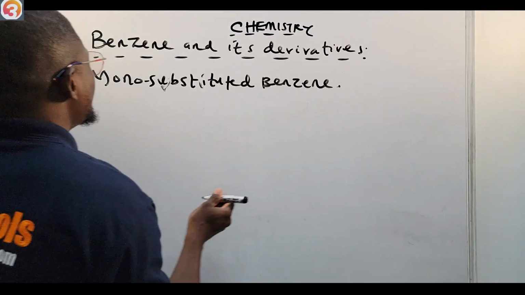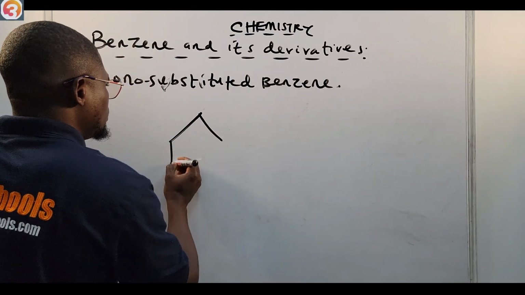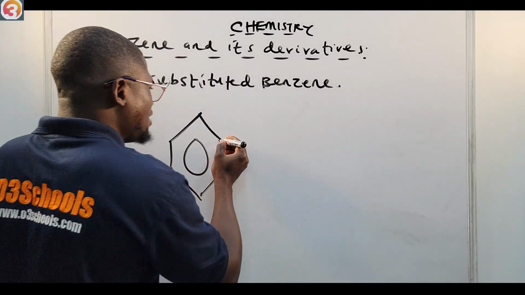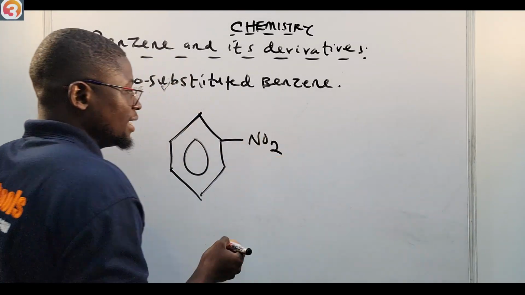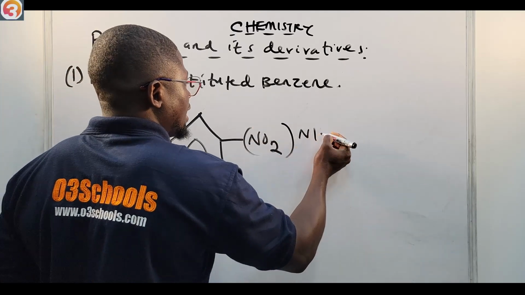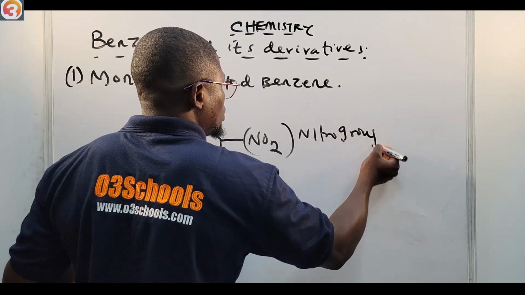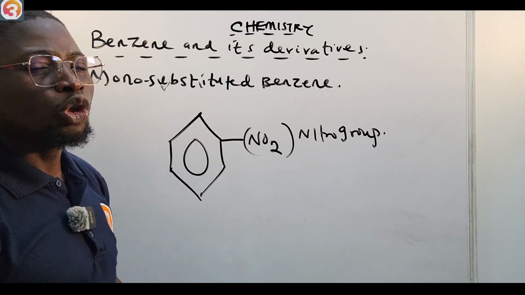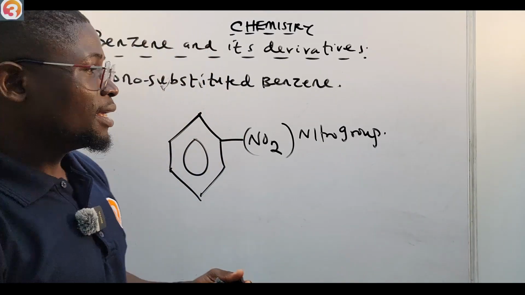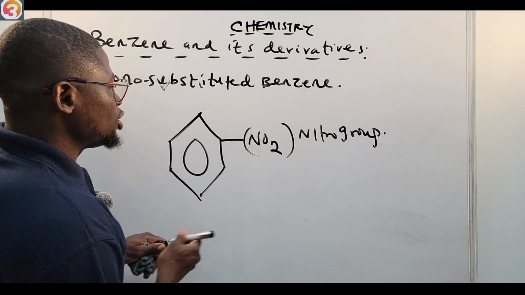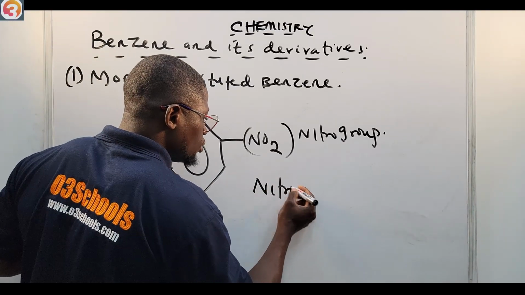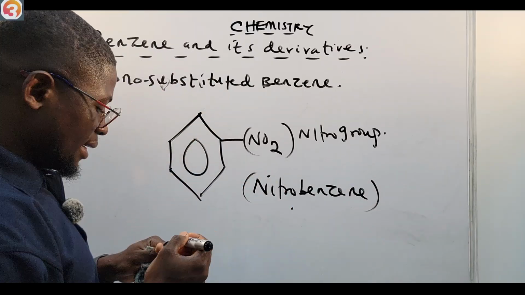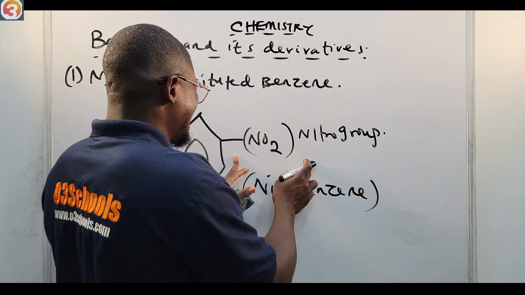For example, if you have a benzene ring like this, and then a nitro group, what do we call this type of compound? It becomes nitrobenzene. It's very simple.